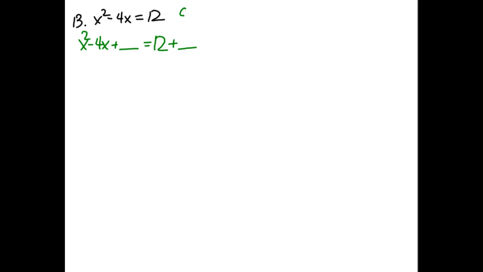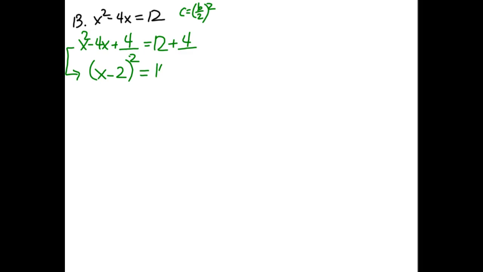Well, remember, c equals (b/2) squared. So that's going to be (4/2) squared. 4 over 2 is 2. 2 squared is 4. What I add to one side, I add to the other. Now, let's go ahead and figure out my binomial squared. Remember, we made that become a binomial squared.